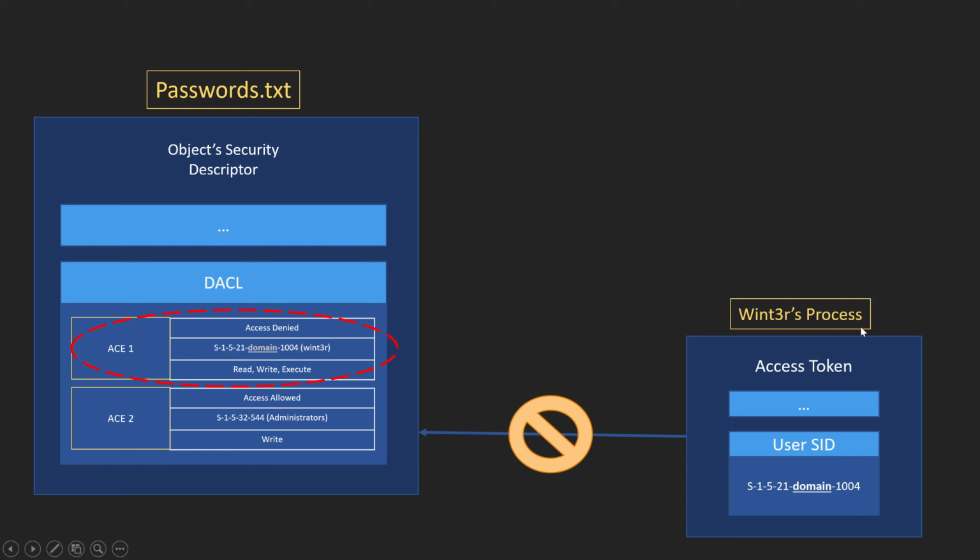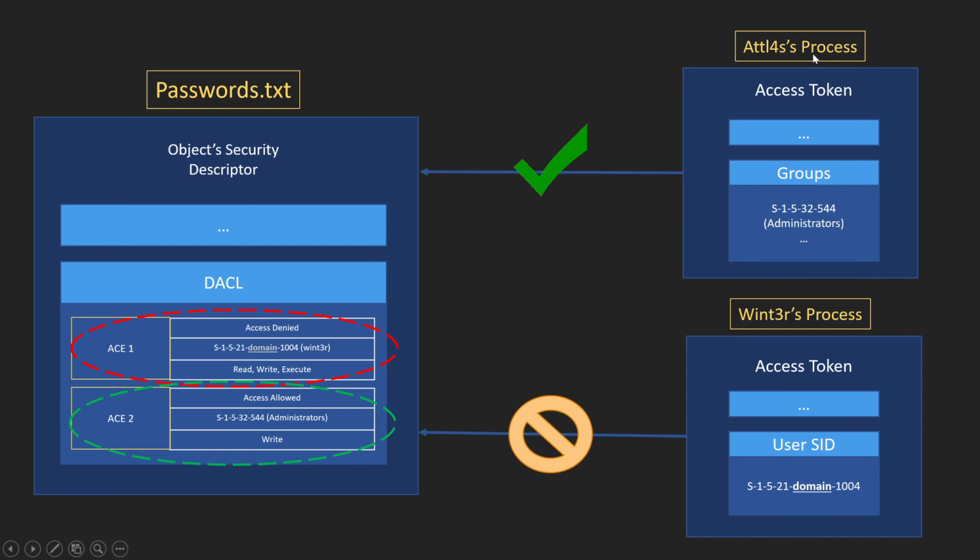When Winter tries to read this file, since he has this identifier, the first rule will apply and he's going to have an access denied. But when Atlas tries to read or write, since he's a member of the administrators group, he's going to be able to do it.